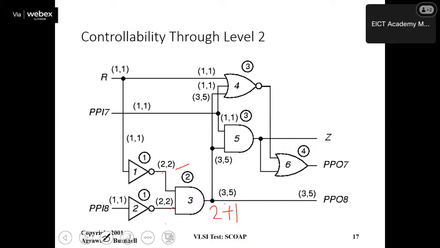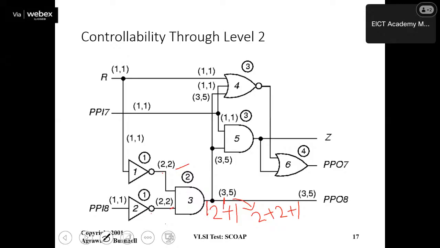So that becomes 3, right? Likewise for CC1, I have to take CC1 plus CC1 of all the inputs plus level change. So that is 5. So 3, 5 I will have, and this 3, 5 I will have over here.